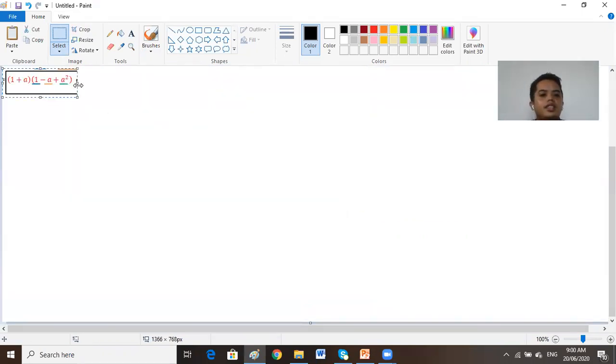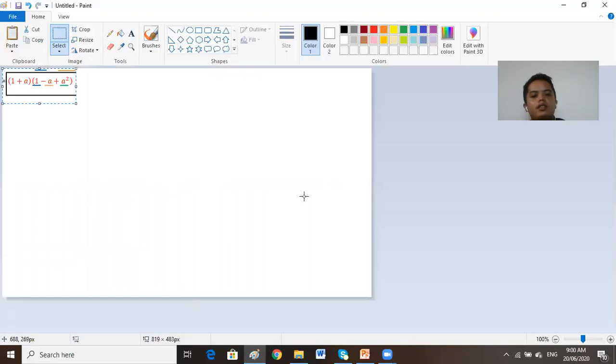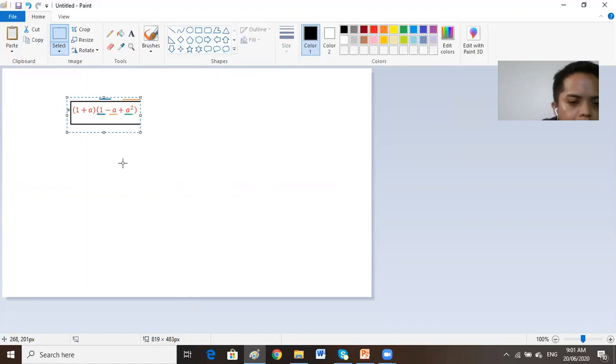This is the choices in the board exam, and this is also the answer that we presented a while ago. Okay, so a plus 1, then 1 minus a plus a squared.